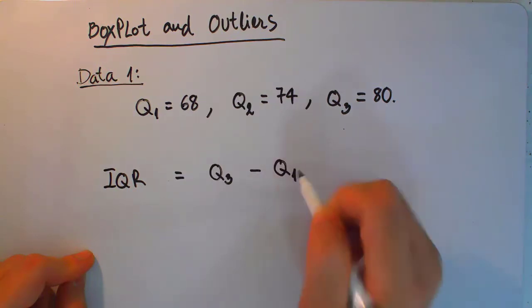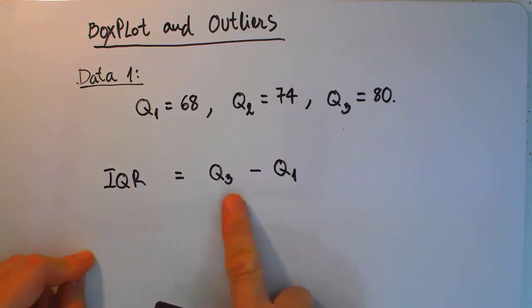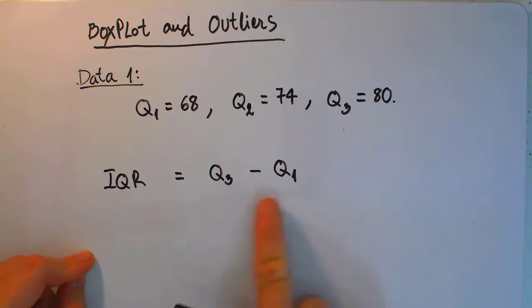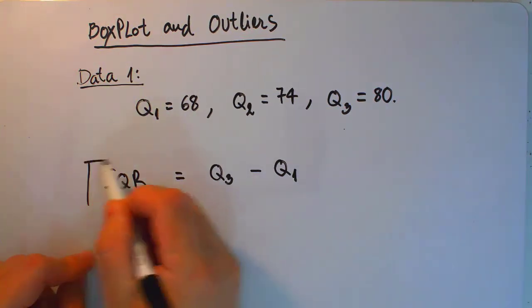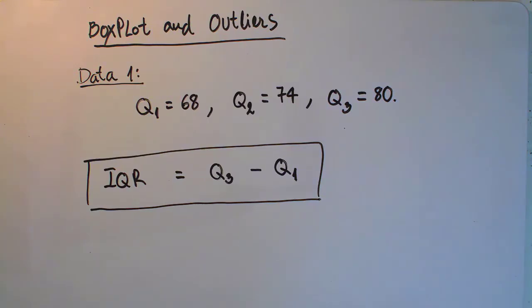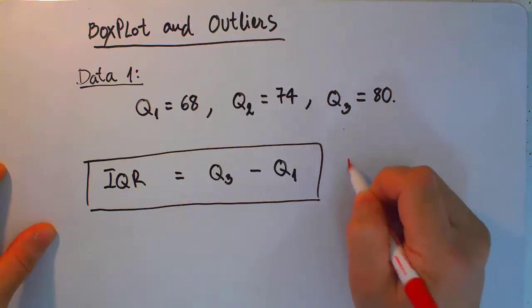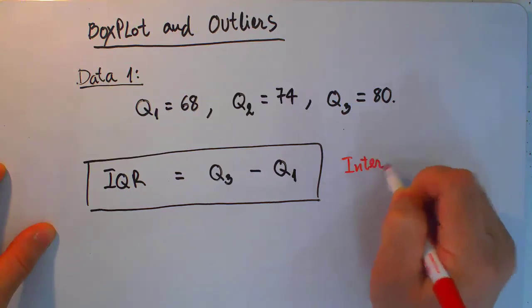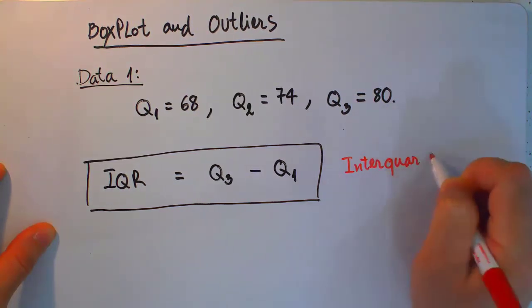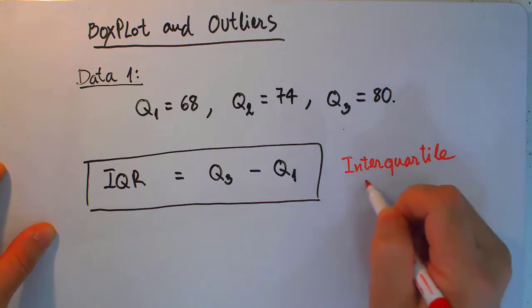In other words, IQR is the total interval range between the Q3 and Q1 locations. As a brief reminder, IQR stands for interquartile range.